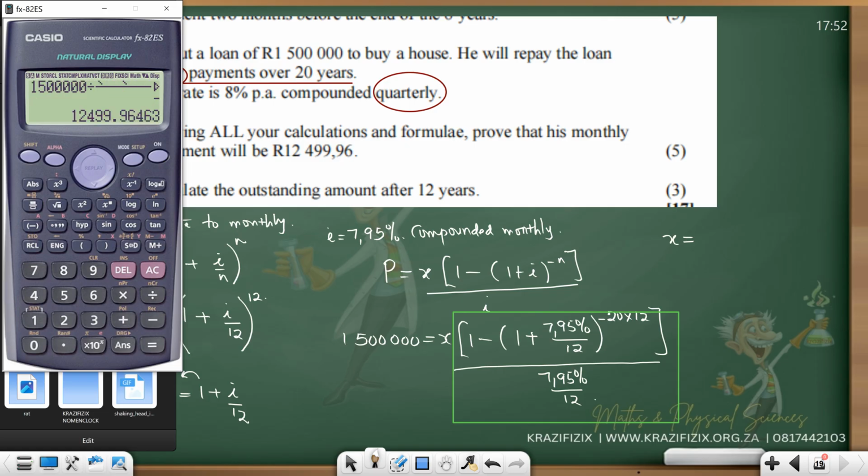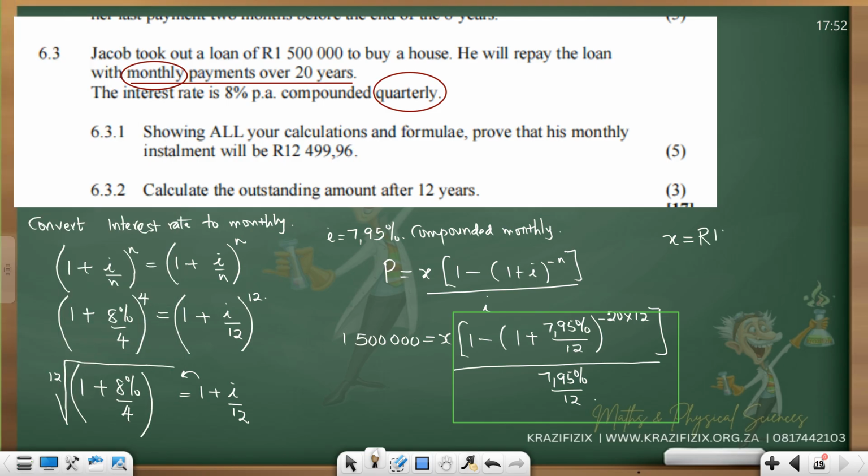Don't forget your percentages, guys, and look at what we have. Perfect. 12499,96, which is exactly what they wanted us to get. 12499,96.